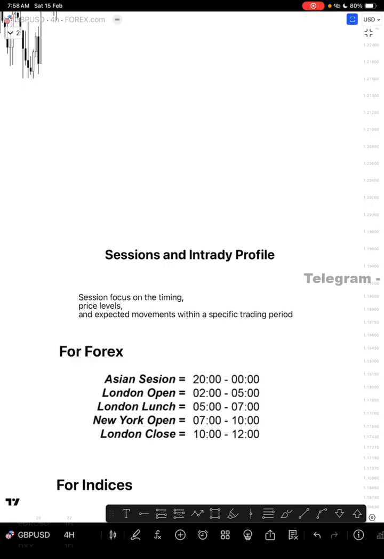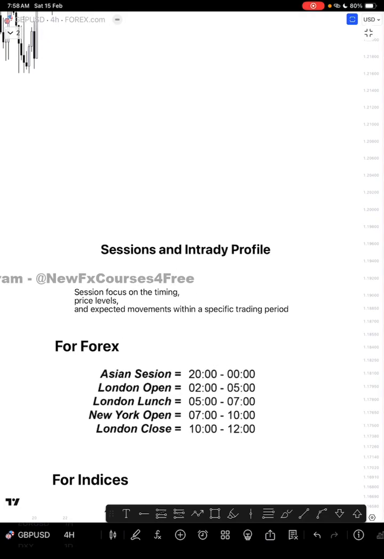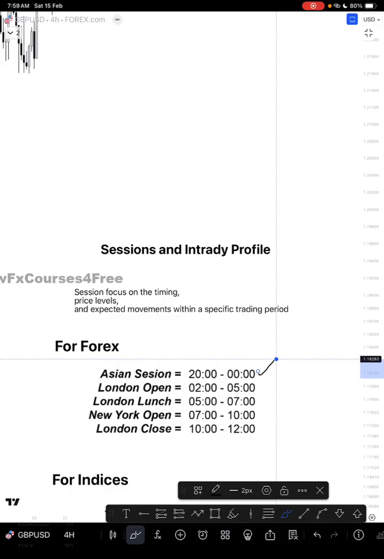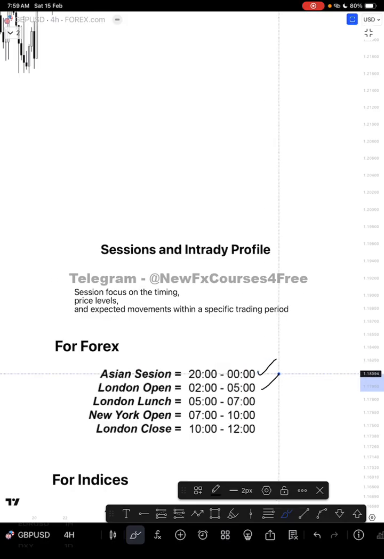For Forex, these are the important sessions you should focus on. Asian session, 2000 to 0000. London open session, 2 o'clock to 5 o'clock.